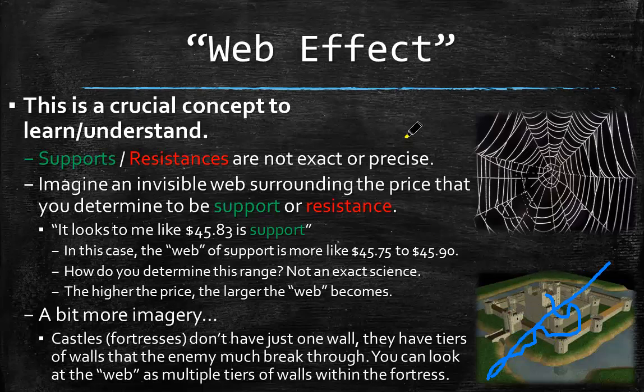So just remember the web effect. What I'm getting at, in very simplistic terms, is that support and resistances are not exact or precise. They have a range to them, and the best way, at least for my childish mind, is to look at it like a spider web or a multiple-wall fortress.